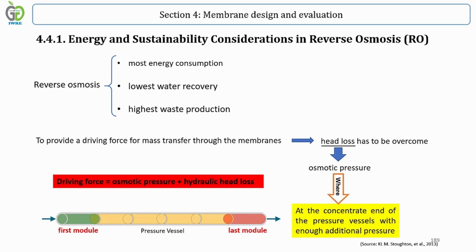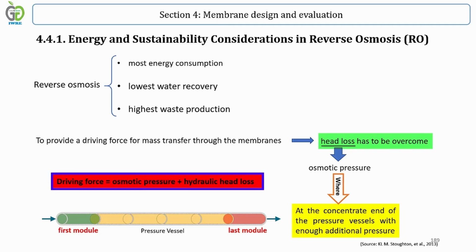The feed pressure is dictated by the osmotic pressure at the concentrate end of the pressure vessels with enough additional pressure to overcome head loss and provide a driving force for mass transfer through the membranes.